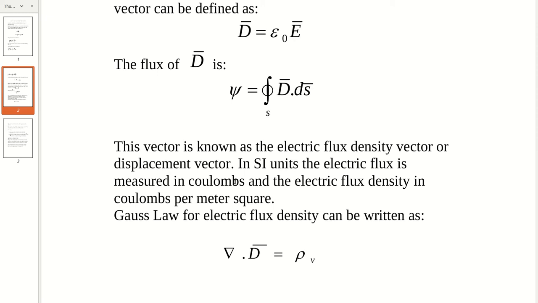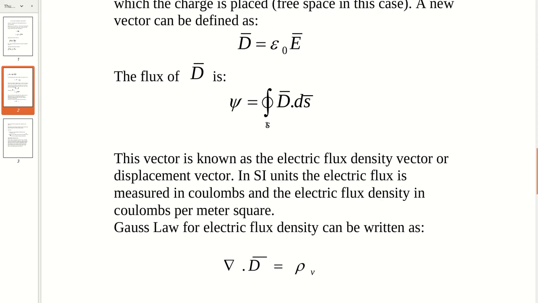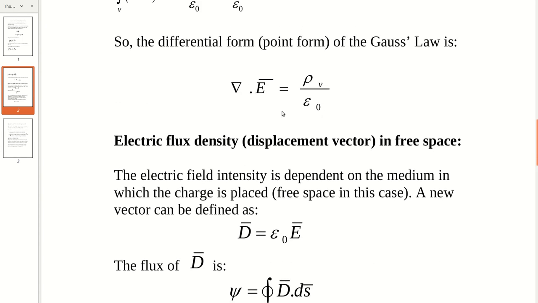Now let's see the divergence of D. This is very easy. You take the divergence of E multiplied by epsilon, an absolute value that is related to the material.